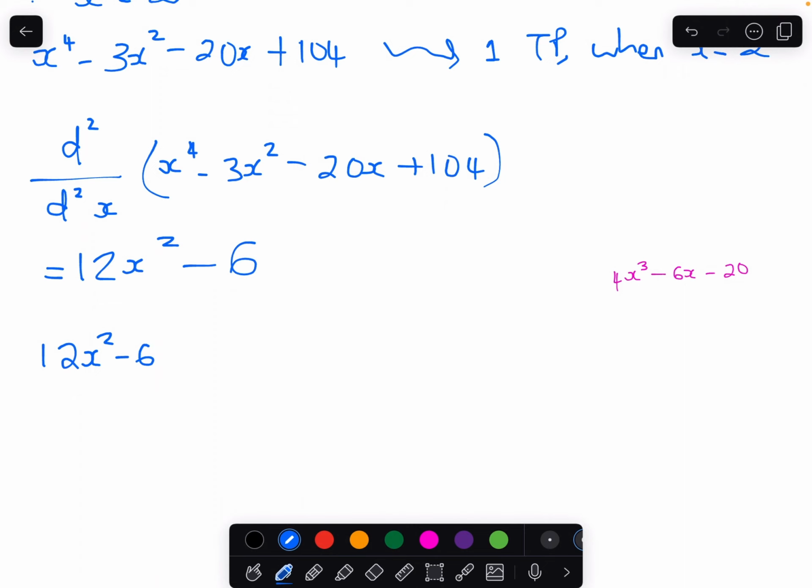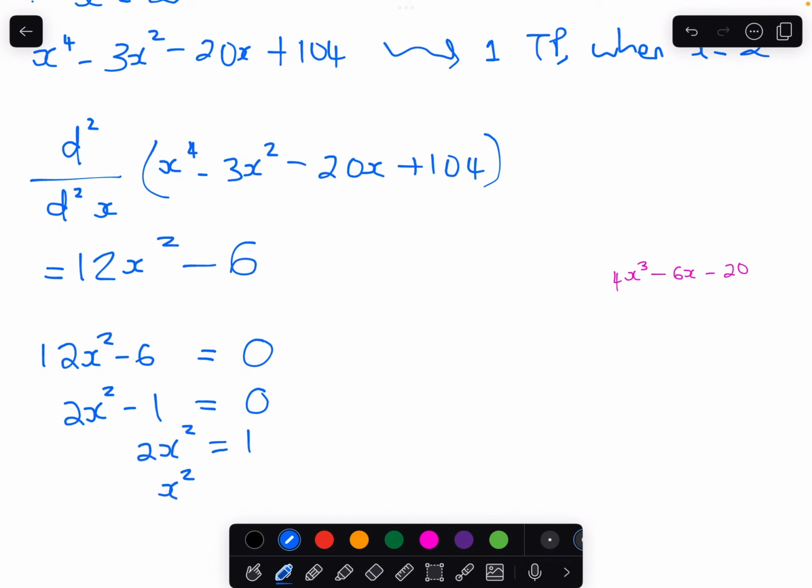Okay, so I want to know, where is it equal to 0? Where is it greater than 0? Where is it smaller than 0? Because that will then tell me about the concavity of this function, right? So 12x squared minus 6. Let's first figure out where it is equal to 0. Divide through by 6. So that is 2x squared is equal to 1.